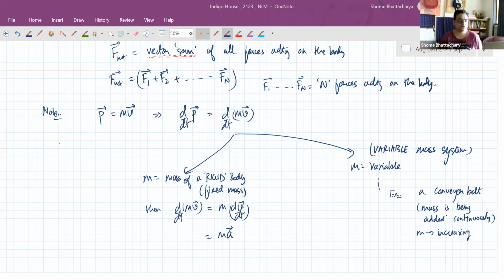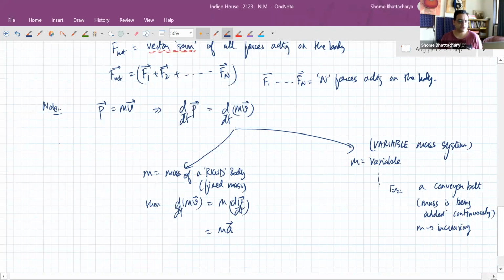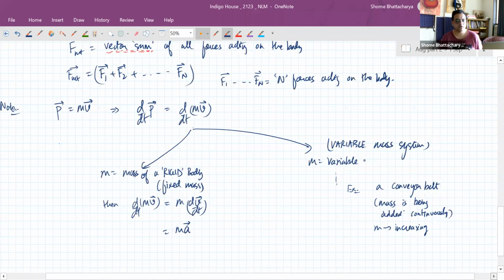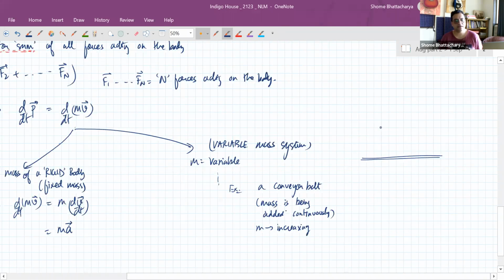But I'll explain one thing. No, it's a variable quantity, so it's not a constant. For example, if I have a conveyor belt in which I'm adding sand, at the rate of let's say 5 grams per second, and at t equal to 0, the mass of sand was 0.